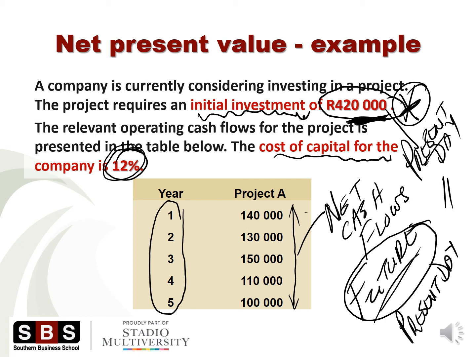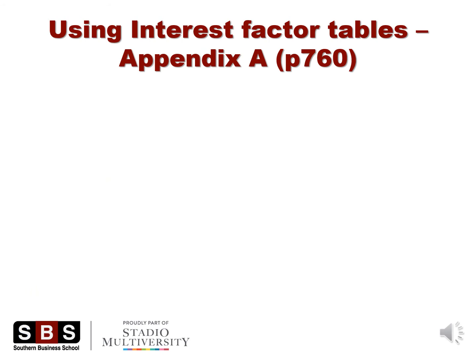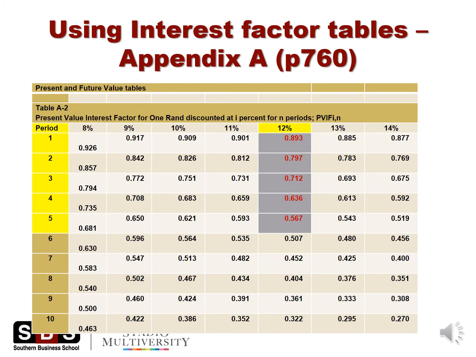How is that done? Well, the first thing that you need to do is to find the present value interest factors for 12% cost of capital. And this you will find in Appendix A at the back of your textbook, or you will find the tables at the back of the study guide. And the table that you need to look for is table A2, which is a present value interest factor table.